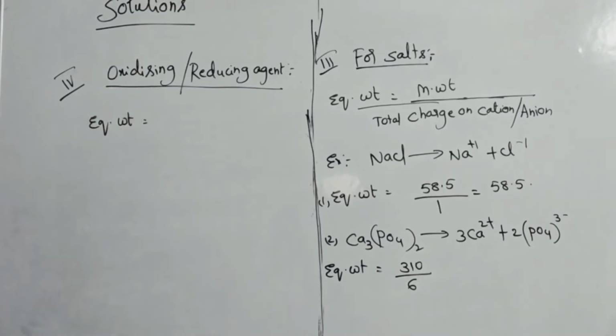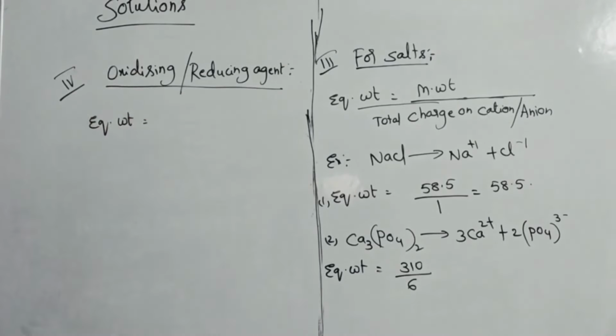Volume is 100 ml. 100 ml means how many liters? You have to take volume always in liters. Here the volume is taken as 1000 ml, which is directly 1 liter.